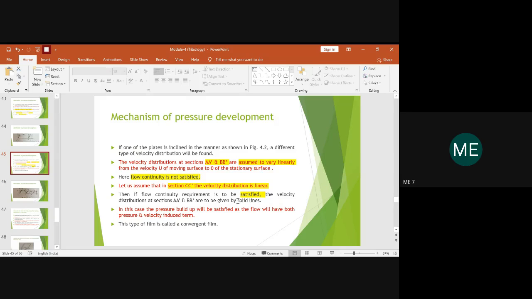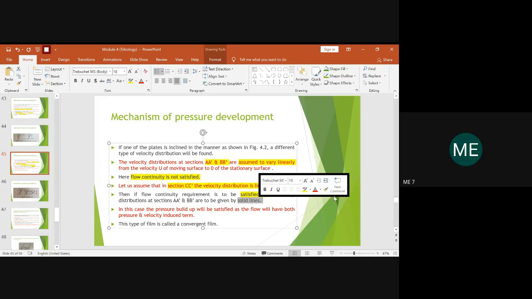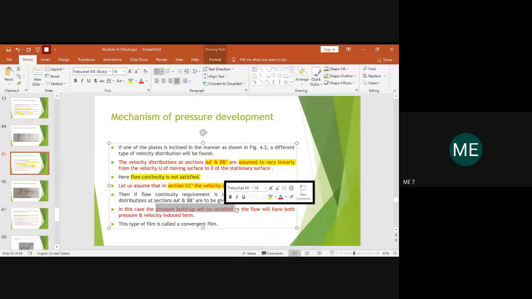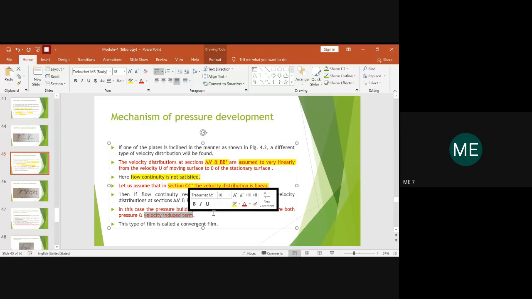So you should read carefully whether it has solid lines or not, right? If there are solid lines, then you can assume that the pressure buildup will be enough to bear the load and to check the amount of velocity induced to get the relative motion when the surfaces slide against each other.